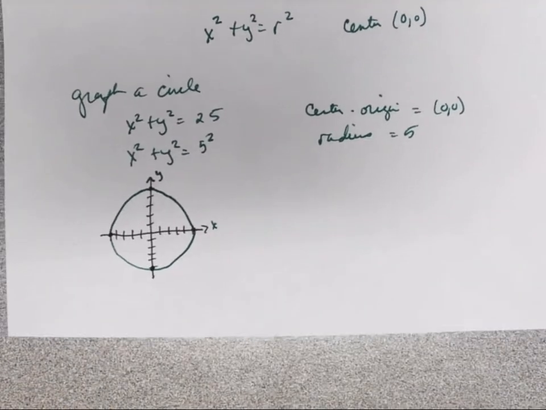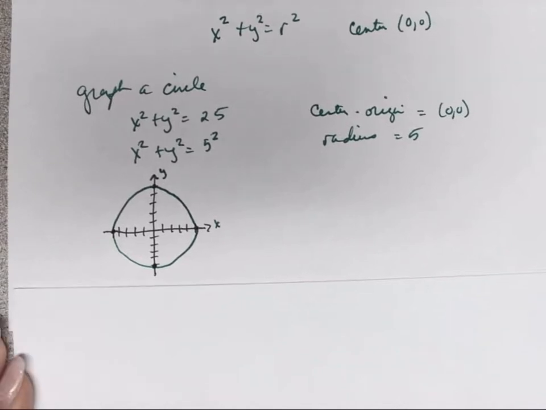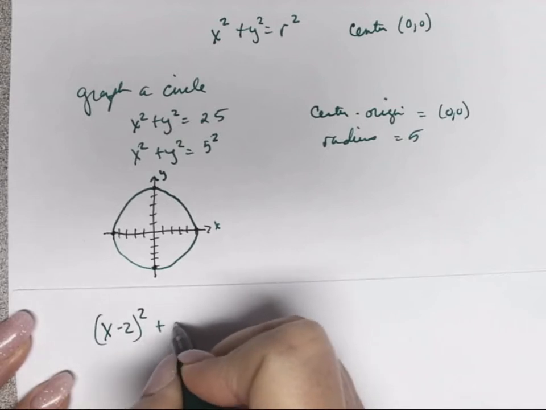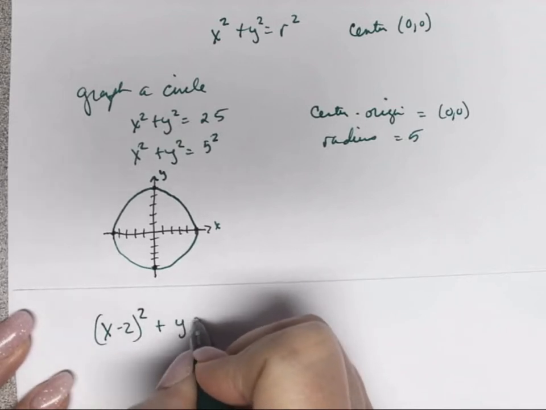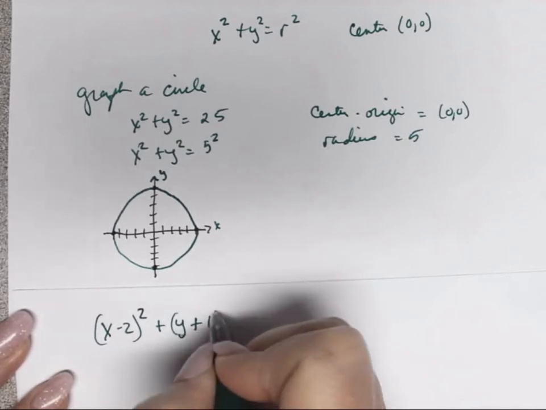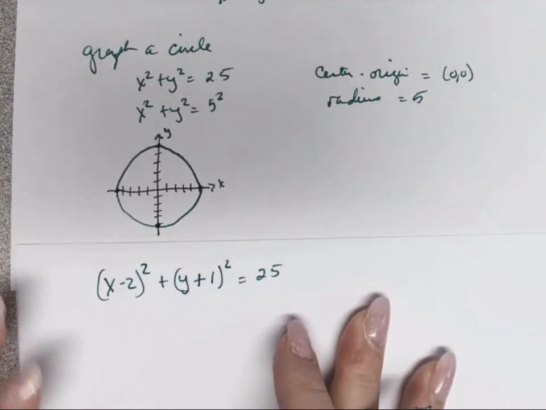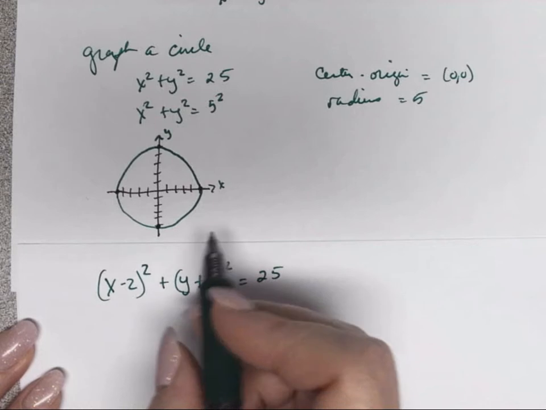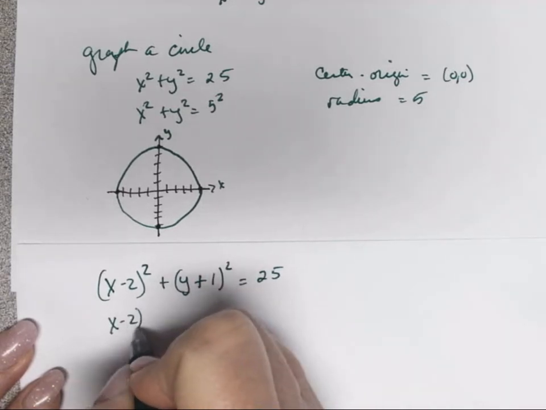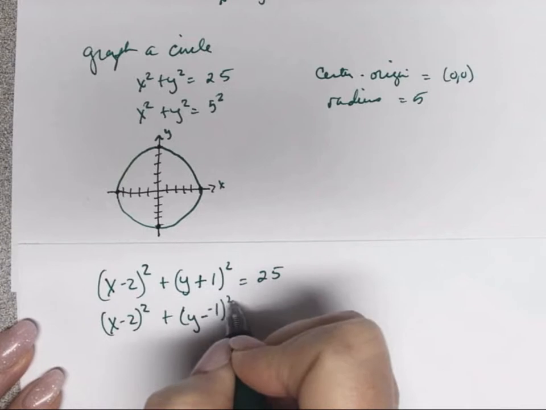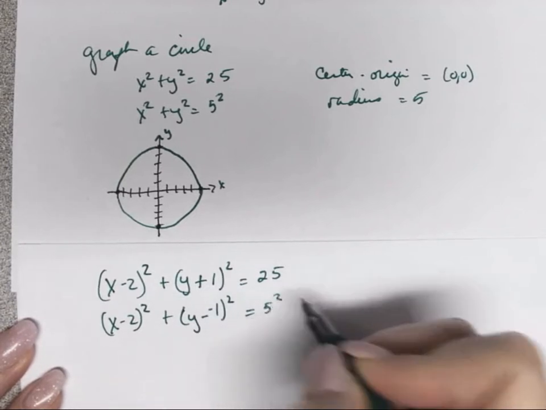All right, let's go graph another circle. So if we are given x minus 2 squared plus y plus 1 squared is equal to 25, we're going to make this match our formula. So x minus 2 squared plus y minus a negative 1 squared is equal to 5 squared.